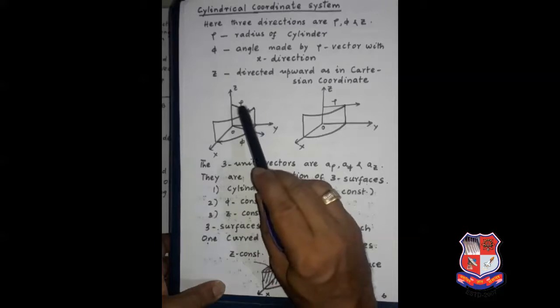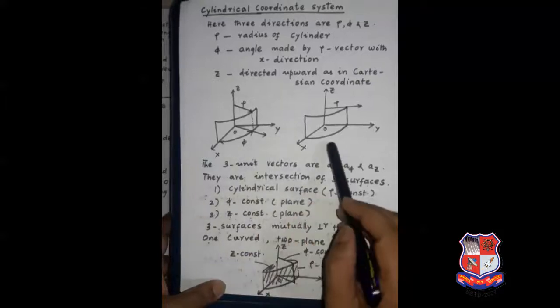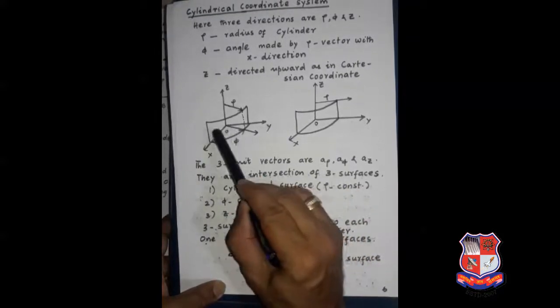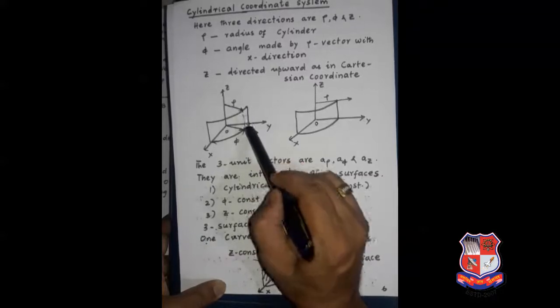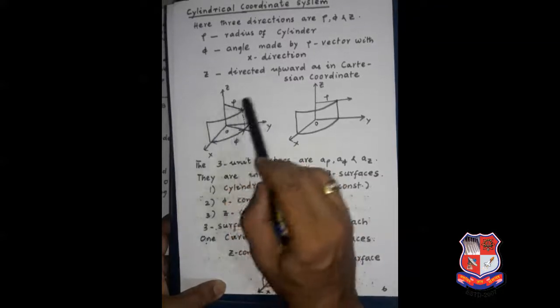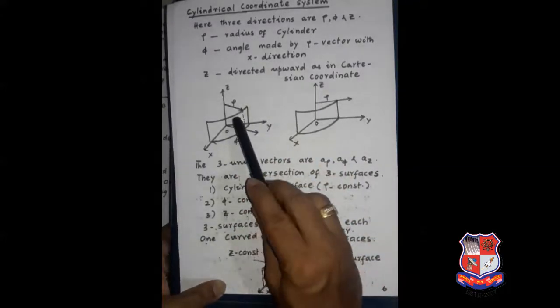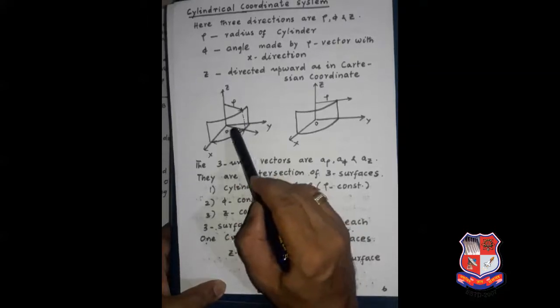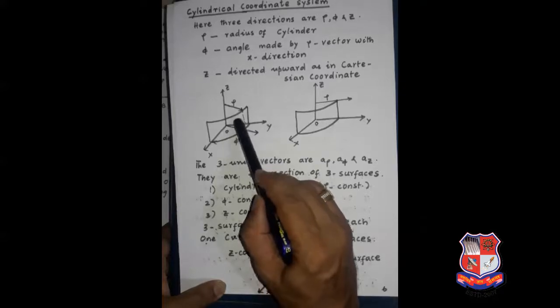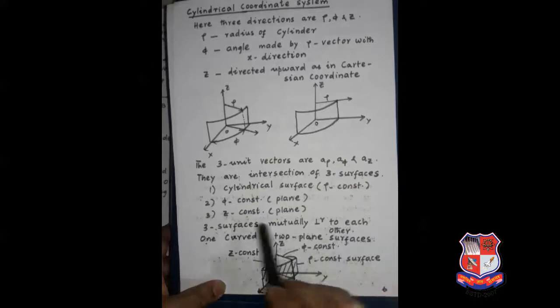also come from the intersection of 3 surfaces. What are the surfaces? One is called the cylindrical surface, that is the curved surface. One more surface is the plane surface, that is phi equal to constant, and another surface is z equal to constant. So the surfaces which give you the 3 directions, 2 out of the 3 are plane surfaces, one is the curved surface.